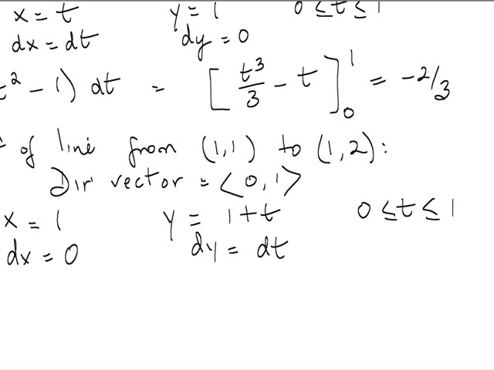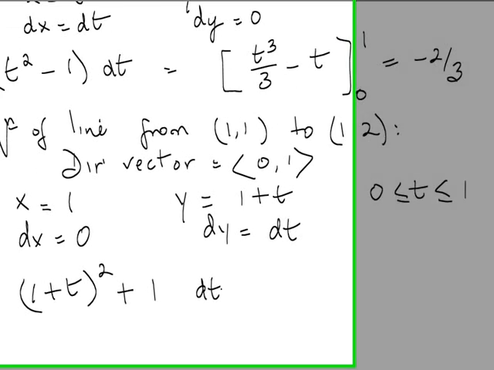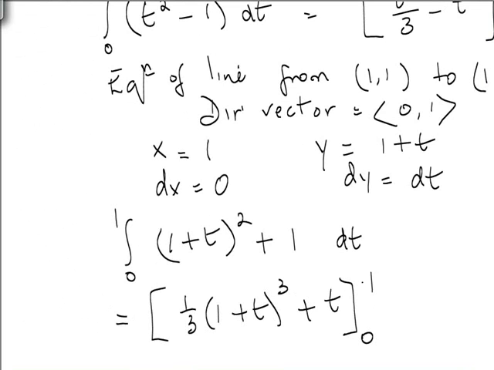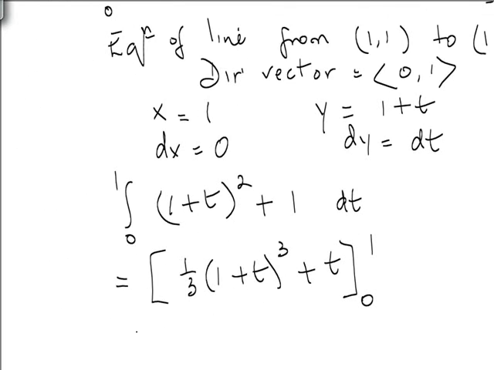Note dx is 0, so the first term we don't need. y squared now becomes (1 plus t) all squared plus x, which is 1, dy is dt. Integrate. This first term is 1/3 (1 plus t) cubed plus t from 0 to 1, and then you get 10 over 3.